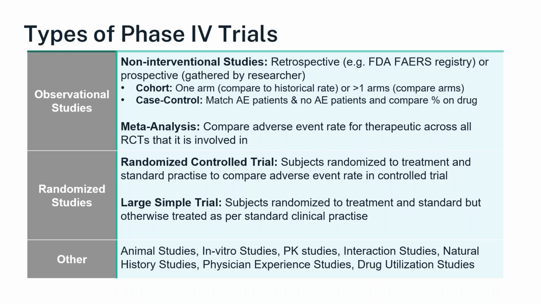And you may also match on other characteristics like age and gender, etc., if you want to do propensity score matching or whatever in the statistical analysis. But obviously, if in the adverse event group there's a greater proportion who are getting your therapeutic versus in the non-adverse event group, then that's obviously a signal of something of concern.